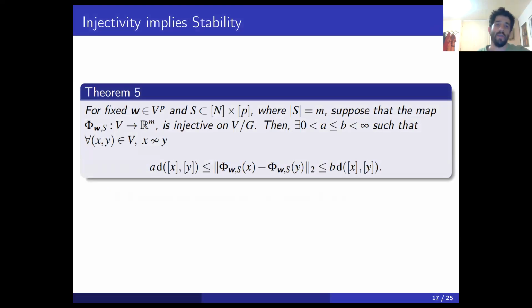So if I had to give a title of this talk with 3 words, it would be just: injectivity implies stability. And this is our main theorem. It states that any possible proposal of embedding of this form, of a subset of Coorbits, that is injective on the quotient space, is also bi-Lipschitz in the quotient space.